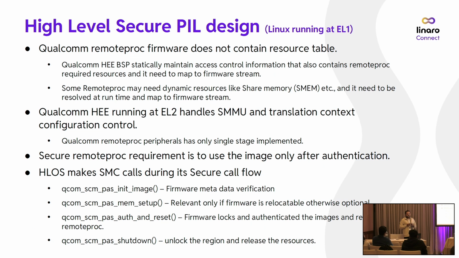It wants to keep it in one place, so that is statically maintained. Also, the resources could not all be static and pre-known. There will be some resources which could be resolved at the runtime of the remote processor itself, and those resources are shared memory and so on. Until it is resolved, it also needs to access some dynamic resources, shared memory being one of them.